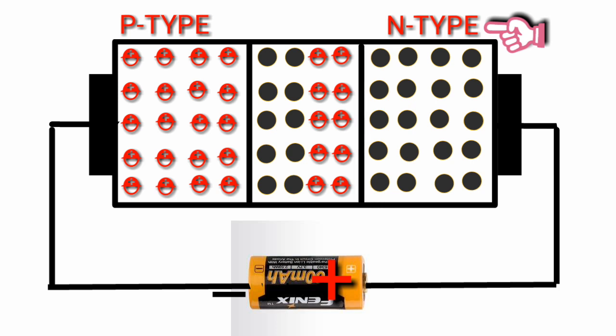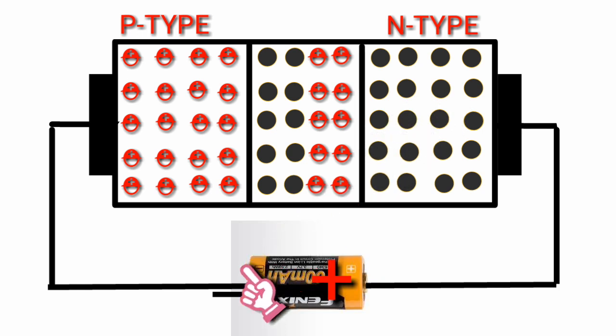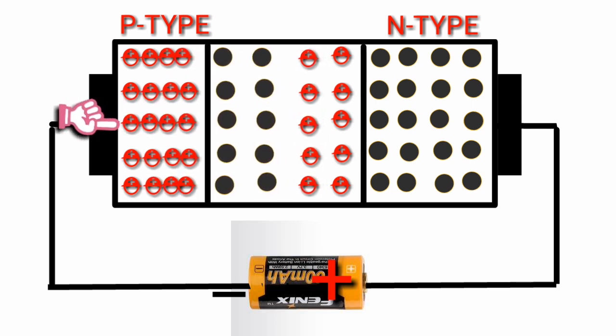Take note, guys, again: positive and negative attract each other. Since the negative of the battery is connected to the P-type, the negative side of the battery attracts the positive charge particles from the P-type. So the positive charge particles move to the side of the P-type.